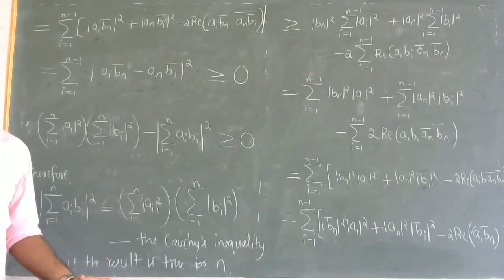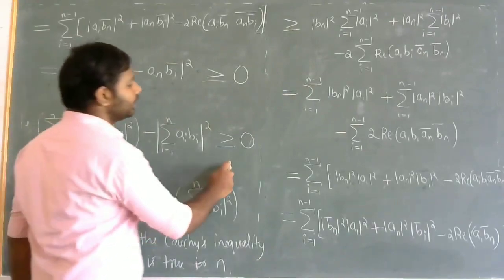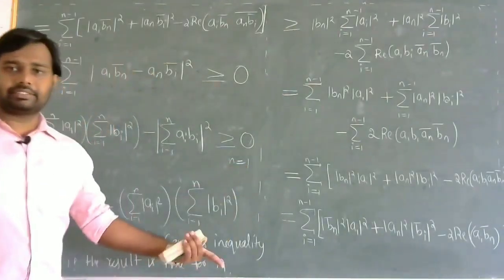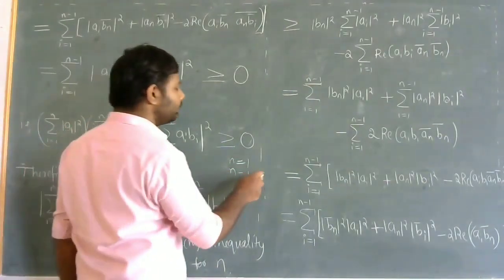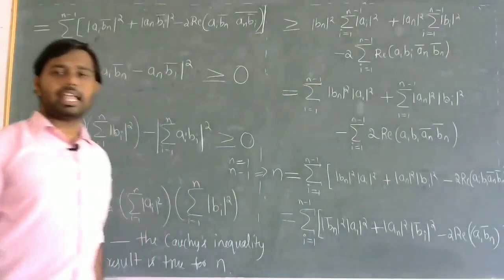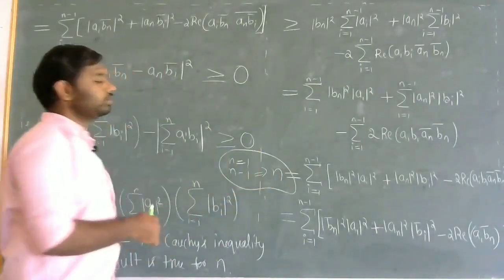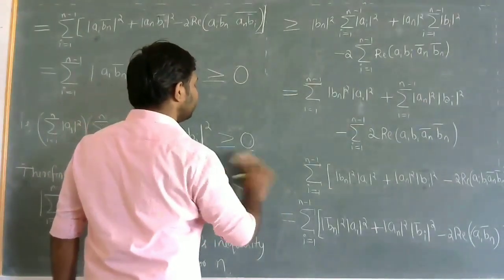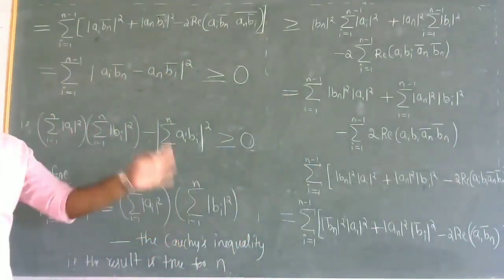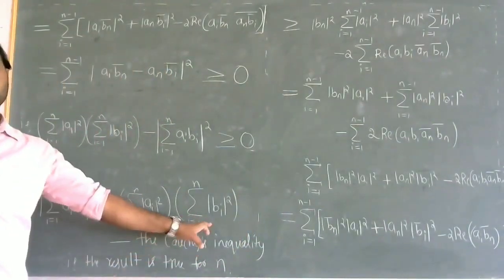What does the principle of mathematical induction say? If the result is true for the least value, and if the result being true for n minus 1 implies the result is true for n, then the result has to be true for all natural numbers. So given any number of complex numbers ai's and bi's, this inequality holds.